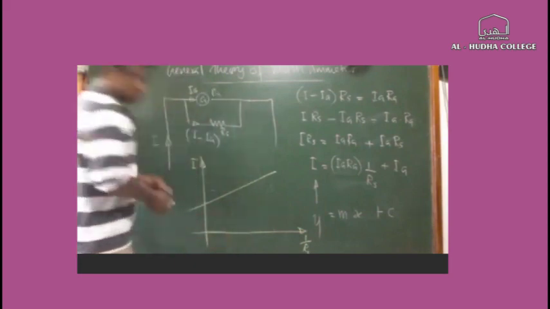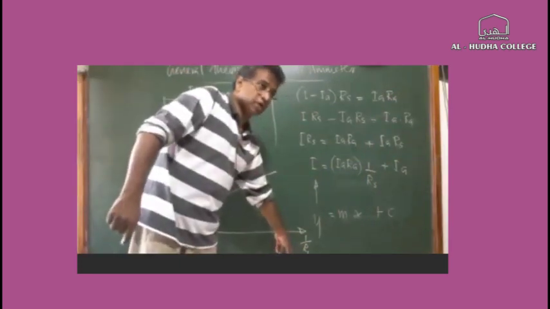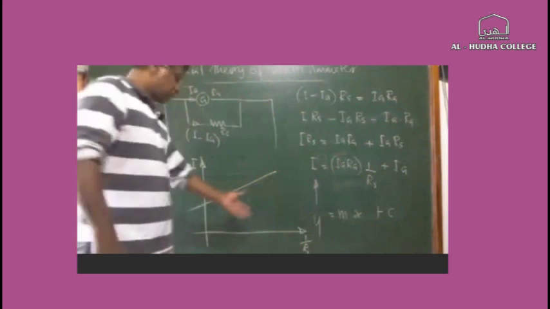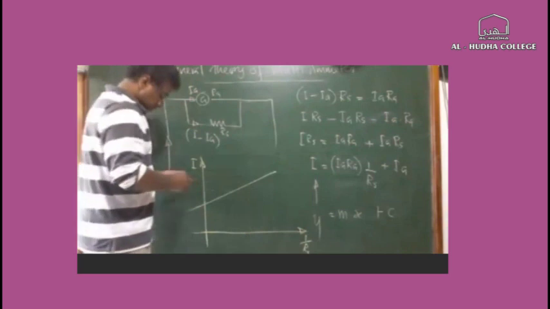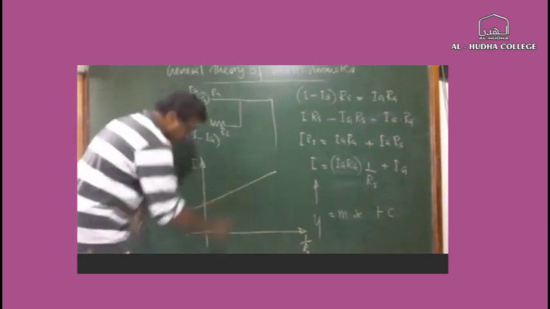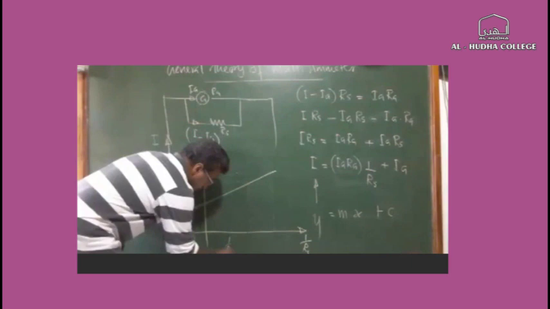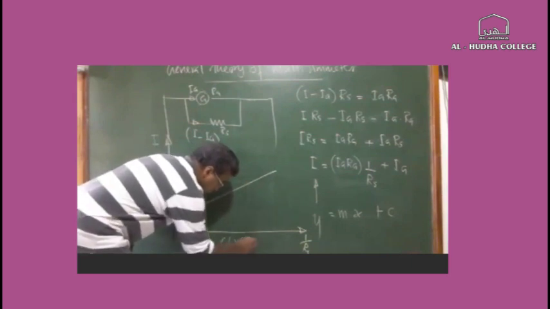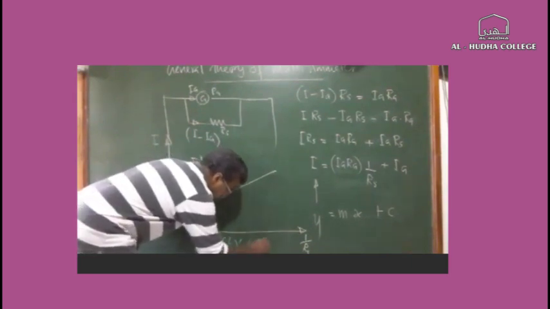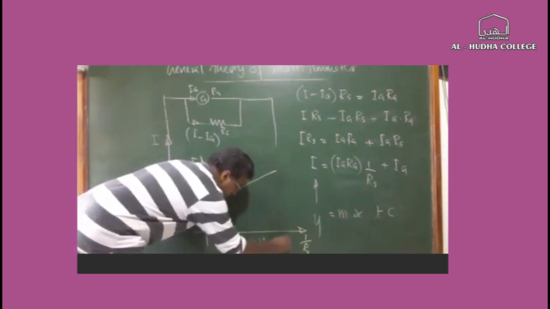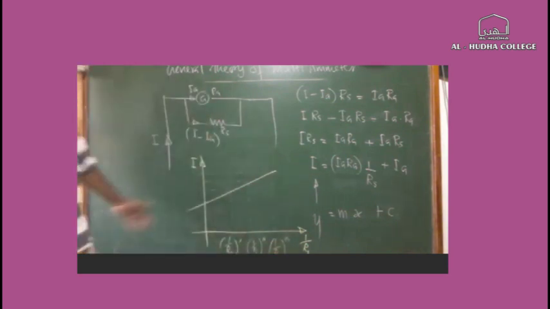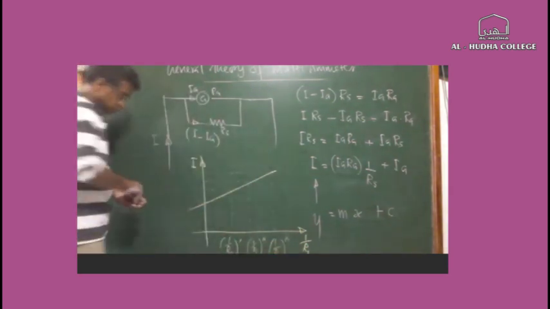We said the shunt resistance will be dropping when the current increases, but here it is 1 upon Rs, so it will be the other way around. 1 upon Rs will increase when the current increases. Say this is 1 upon Rs1, 1 upon Rs2, 1 upon Rs3, and so on. So if you know 1 upon Rs, you can calculate that Rs.